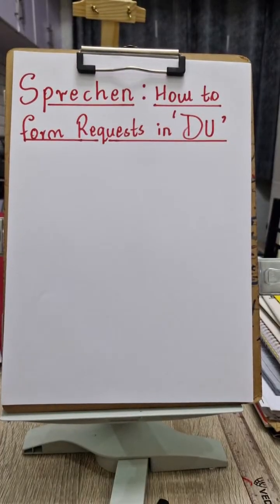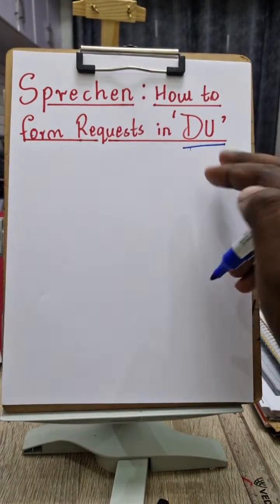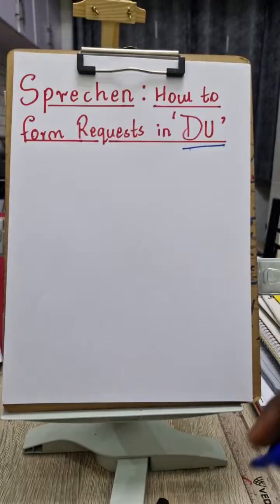Our focus is going to be specifically how to do it in the du form. In your examination, you will either be forming requests in the Sie form or in the du form. So my main focus today is going to be the du form. How do you form requests in the du form?